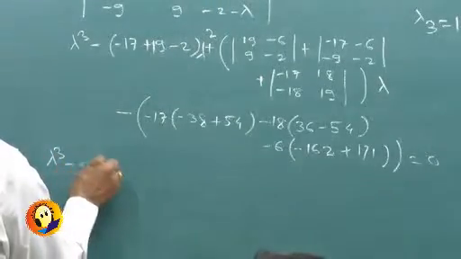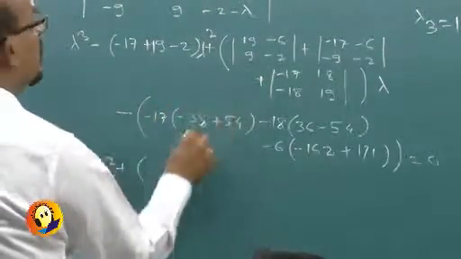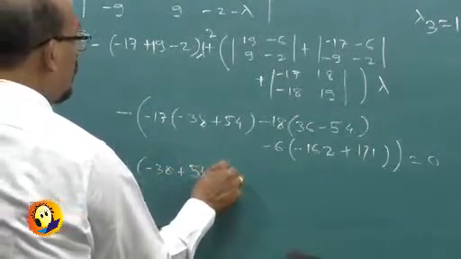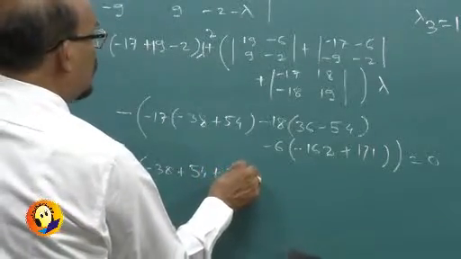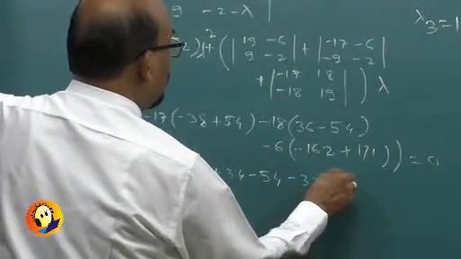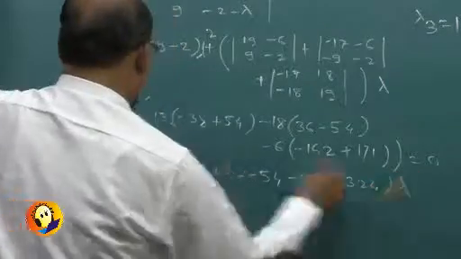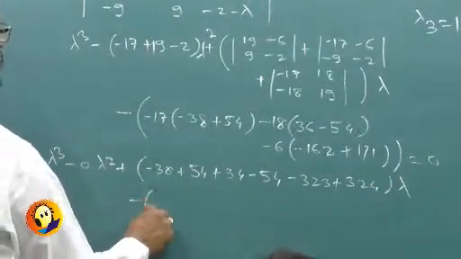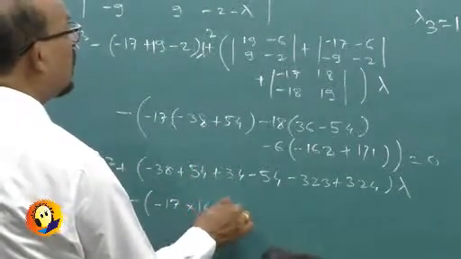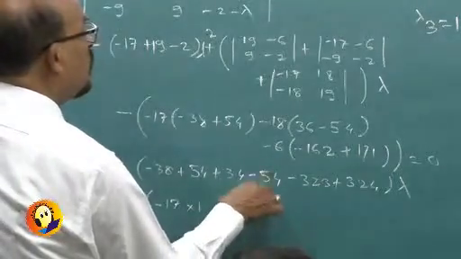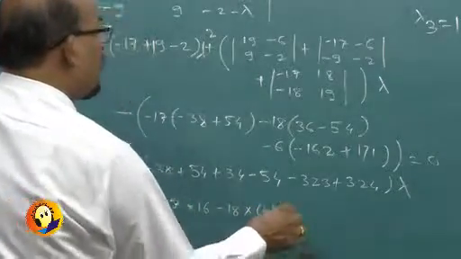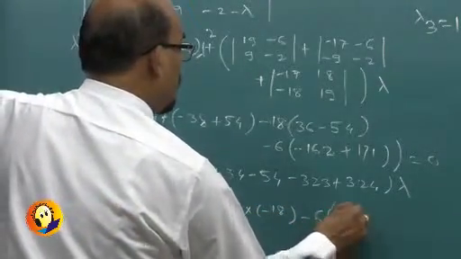Lambda cube minus 0 lambda square plus 38 plus 54 plus 17 into 34 minus 54. Yes, this is what I did, 323 plus 324 lambda. I missed out this minus 17 into 16, minus 18 into minus 18, minus 6 into 9.